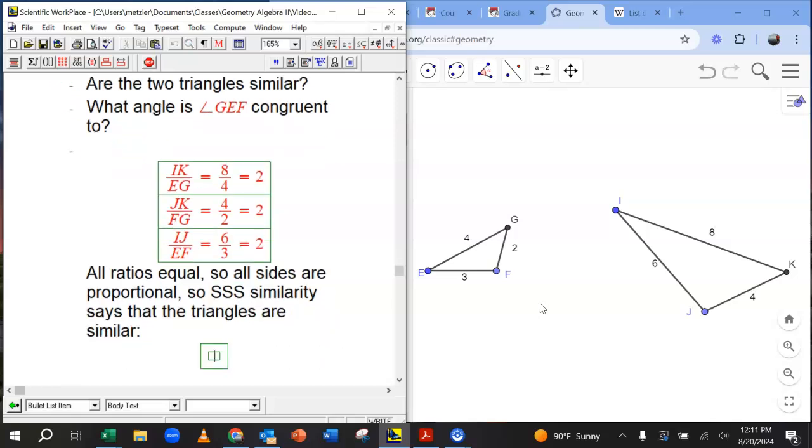And well, we need to make that precise. So triangle EFG is similar to triangle. Okay, so E was opposite the shortest side. That's going to correspond to I. F was opposite the longest side.